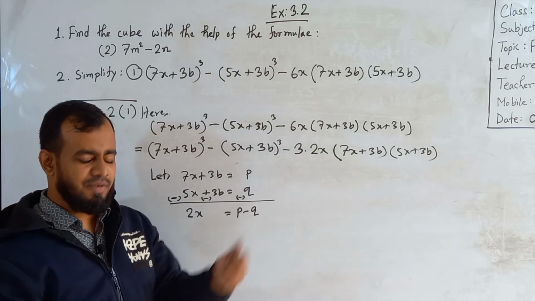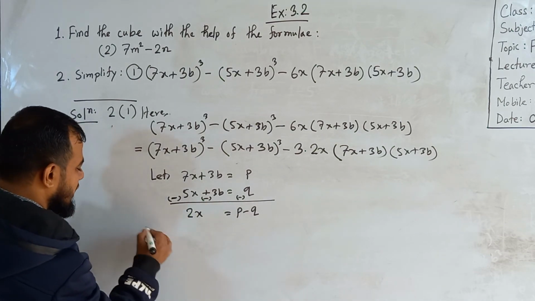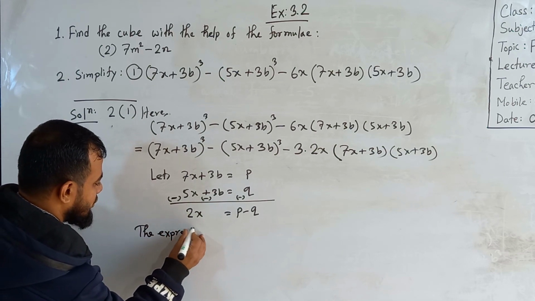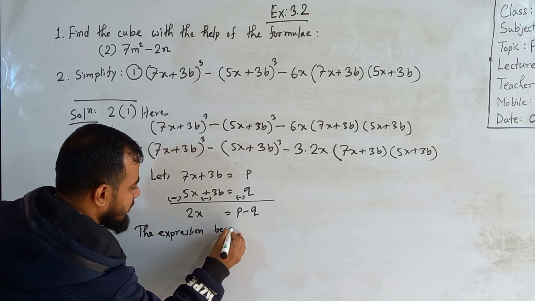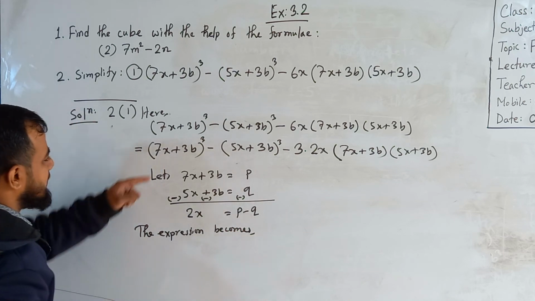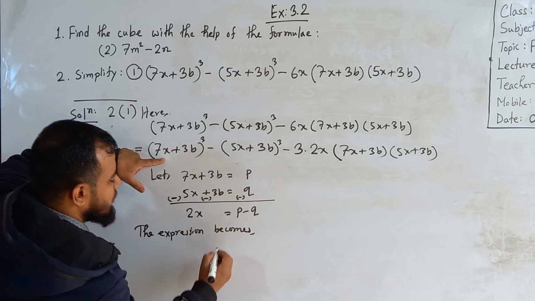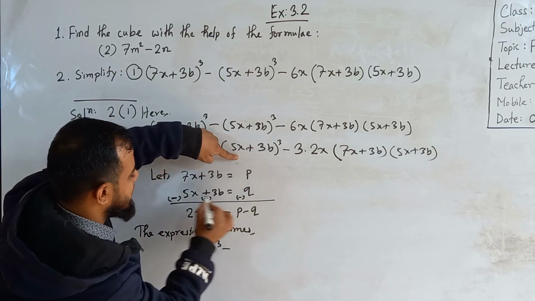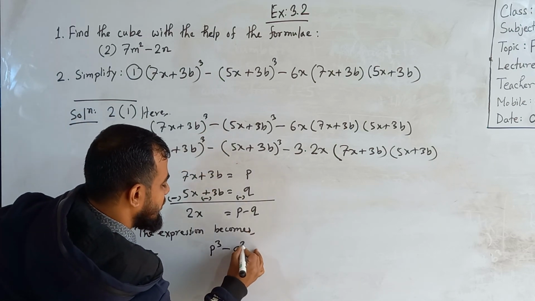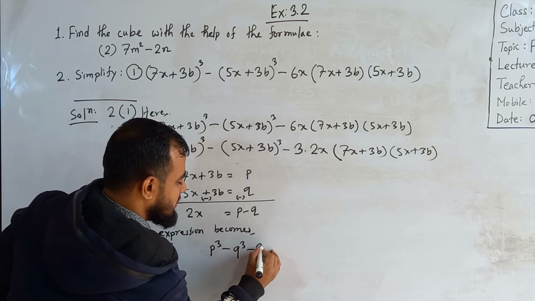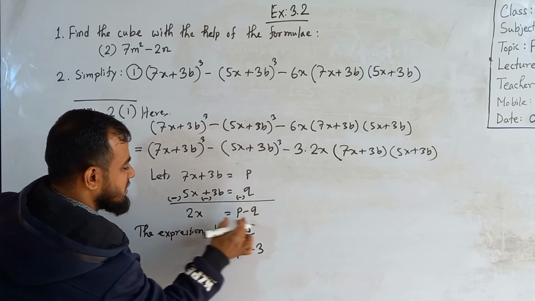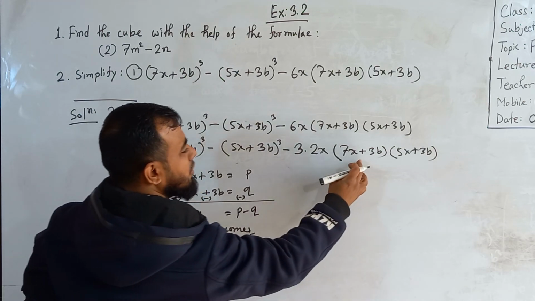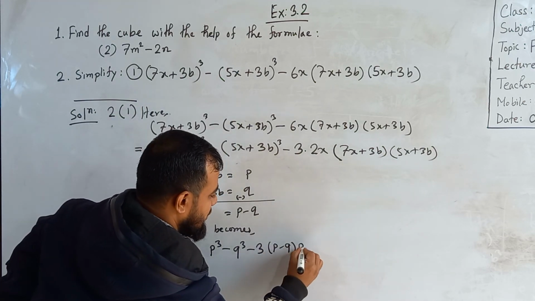We can put the value here. Now the expression becomes: this one we have assumed as p, so it will be p cube, then minus sign. This one we have assumed as q, so it will be q cube, minus 2x, the value of 2x is p minus q, and this is our p and this is our q, so pq.